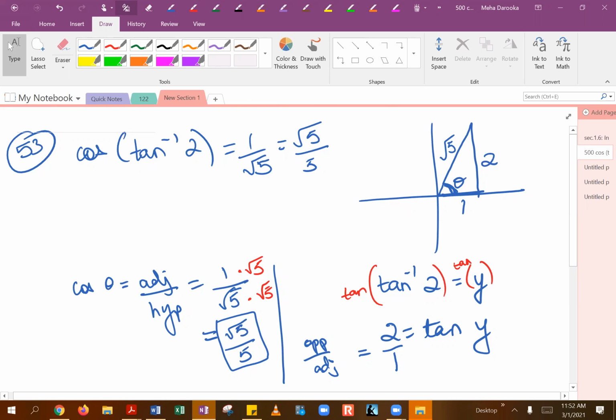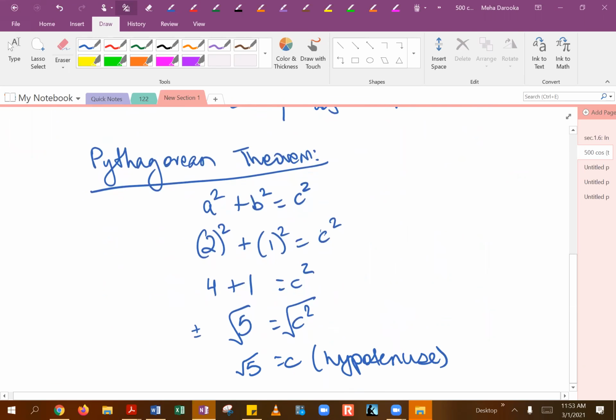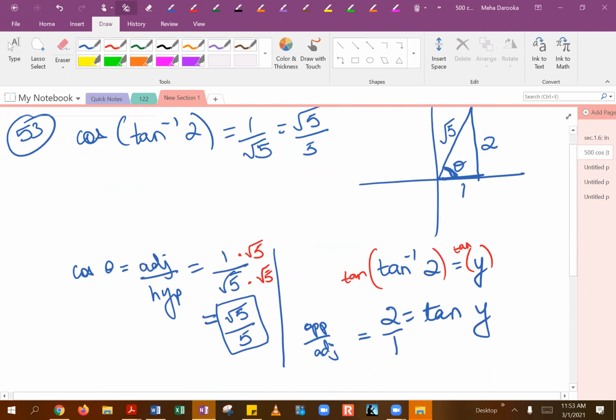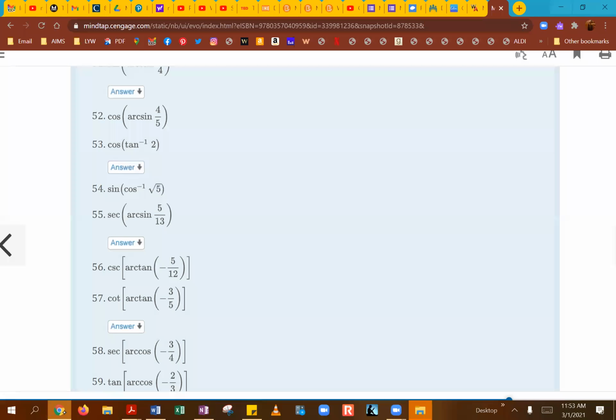So once we have the opposite and the adjacent sides, then using our Pythagorean theorem, we can come up with the hypotenuse, which came out to be square root of 5. And then using that, we're basically defining our cosine of theta, which came out to be 1 over square root of 5, or as a rationalized answer, square root of 5 over 5.